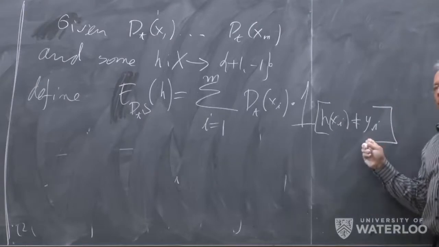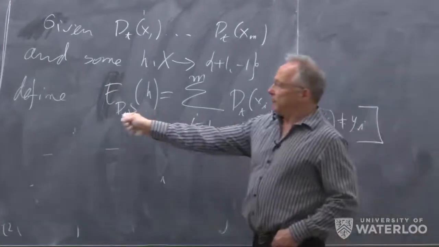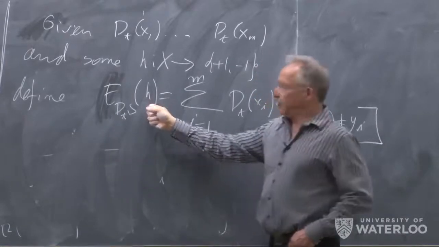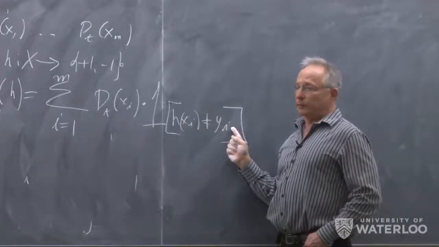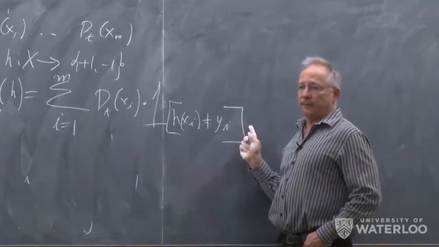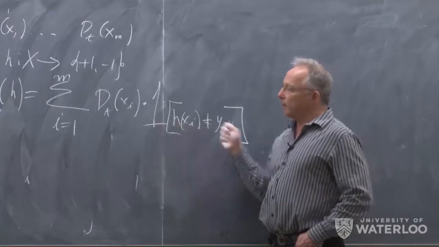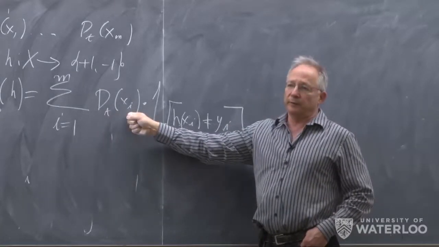So what does this function do? I want to know, with respect to this distribution, what do I mean by the error of h? You look just at the points in which you made an error. If you didn't make an error, this is 0 and you don't care. If you made an error, this is 1. So whenever you made an error, you take the error and multiply it by the weight of this point.